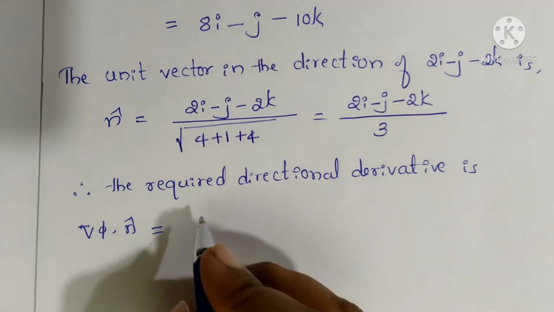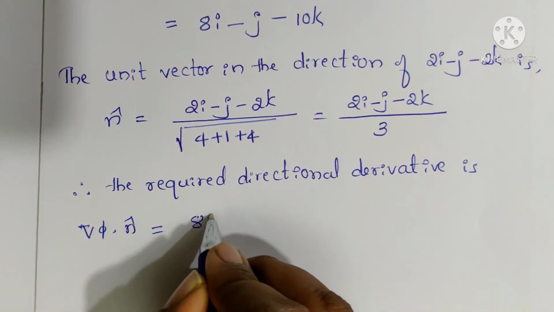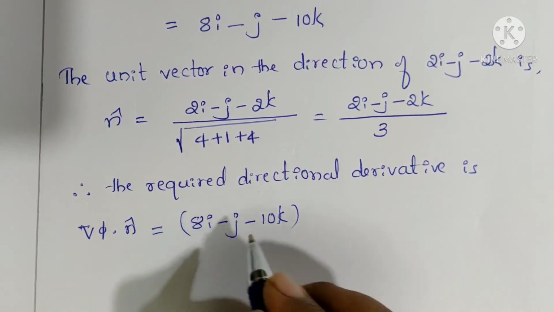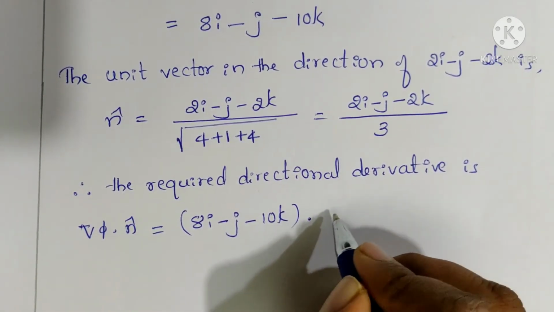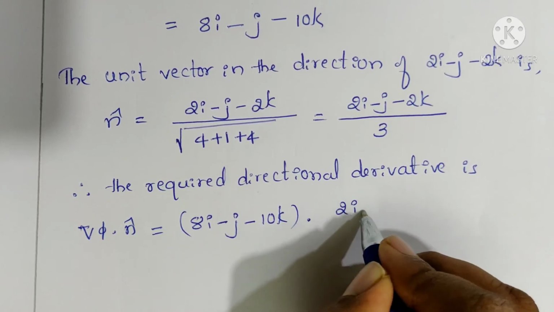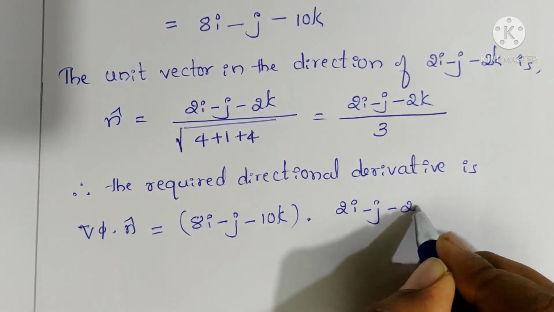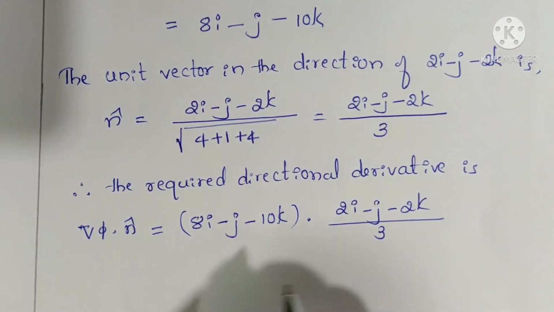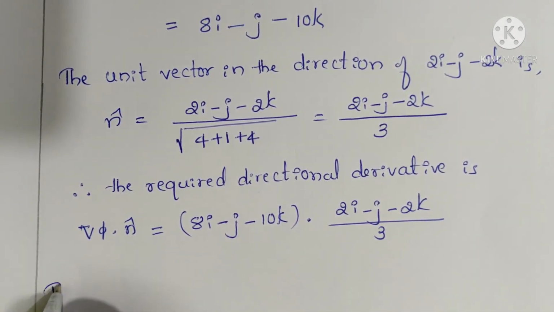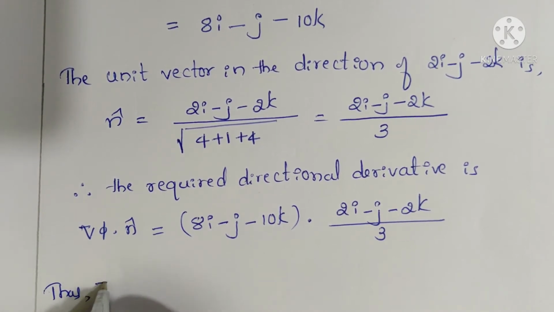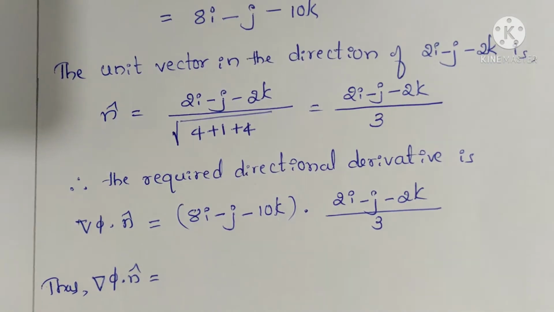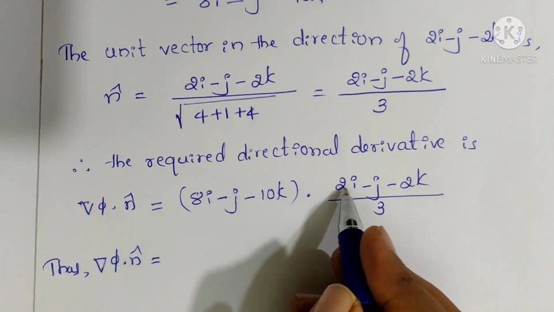So it is, what is del phi? 8i minus j minus 10k dot n cap is 2i minus j minus 2k whole divided by 3. So thus del phi dot n cap is equal to dot product. So 8 into 2.